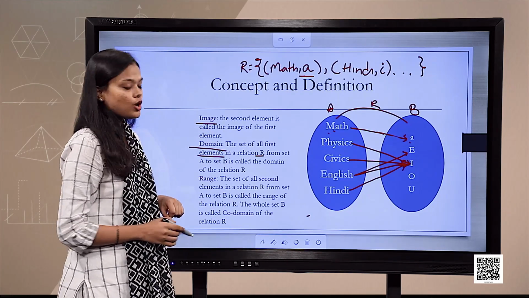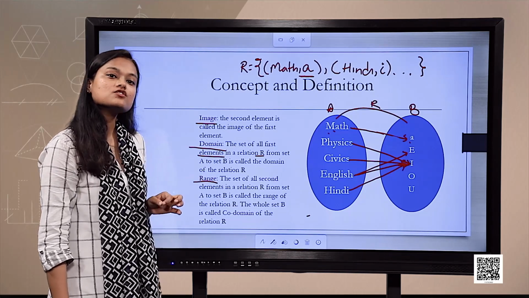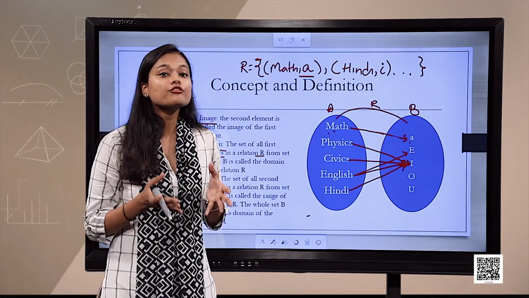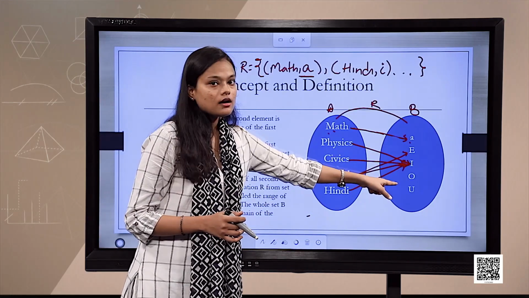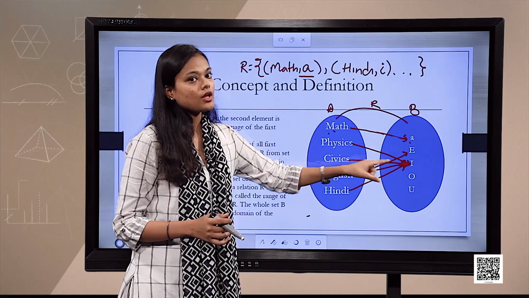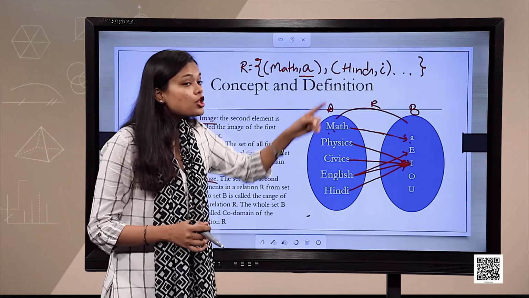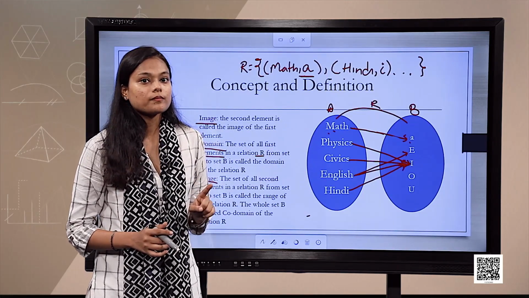Now, the next terminology, that is the range. Range is the set of all images. Images are A, E and I. Notice, the full set B is not a range.